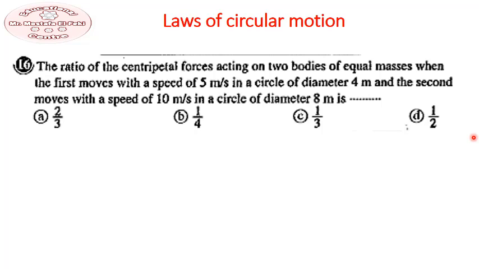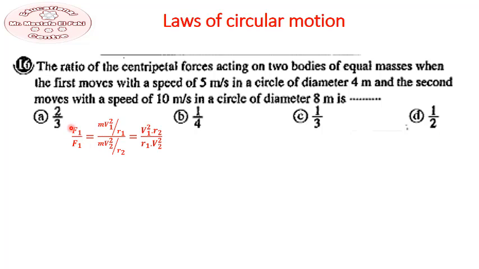The ratio of the centripetal forces acting on two bodies of equal masses, when the first moves with the speed 5 meters per second in a circle of diameter 4 meters and the second moves with the speed 10 meters per second in a circle of diameter 8 meters, is?